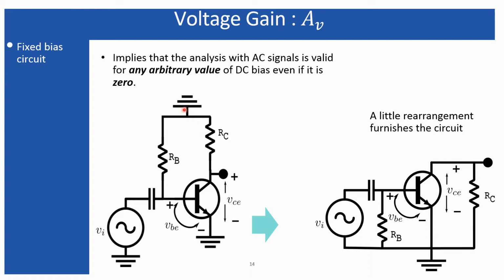Mind it that the replacement of this ground potential or the zero potential at this terminal is only for analysis purpose. But in the case of an actual circuit, we have to include both the AC and DC because the actual circuit works on the principle of superposition. So the output will be the summation of both the AC current as well as the DC current, and similarly AC voltage as well as the DC voltage.